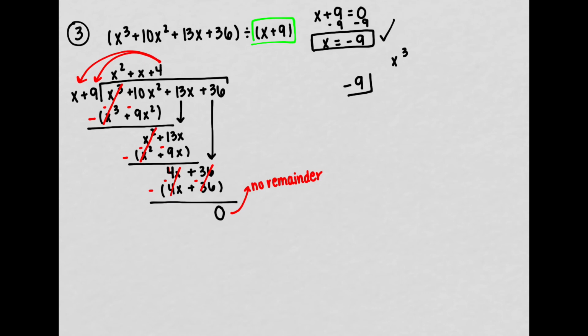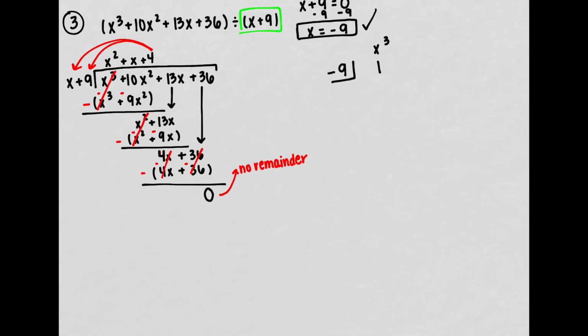I'm going to take the coefficient from that, and it goes next. My next highest degree is x squared, so I have 10x squared. Its coefficient is 10. Then I deal with my x term, which is 13x. Its coefficient is 13. And finally, the constant by itself is 36.